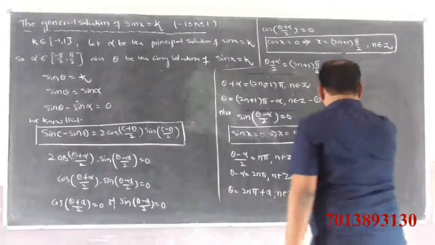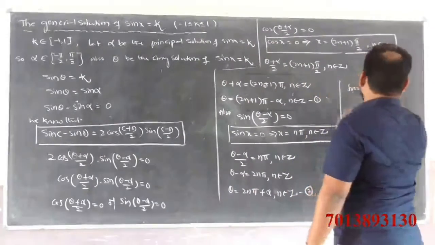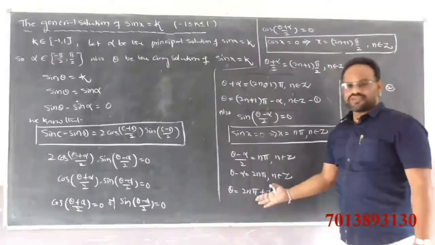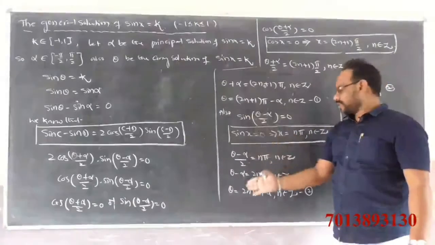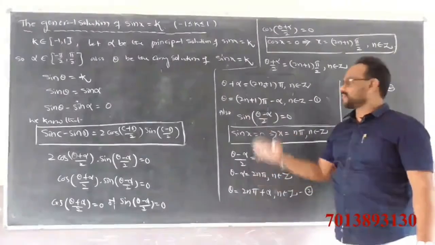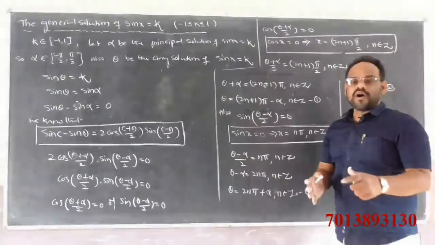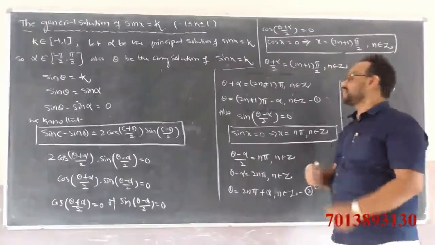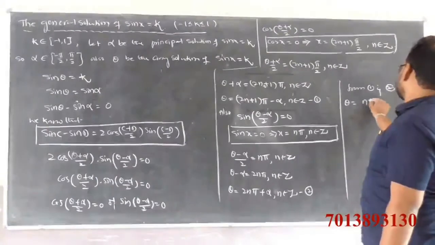Clearly these are odd integers, these are even integers. Odd integers and even integers, union means we get all integers, that is theta is equal to n pi.